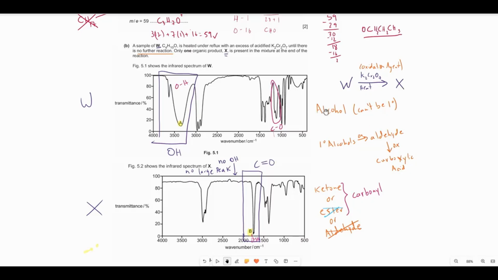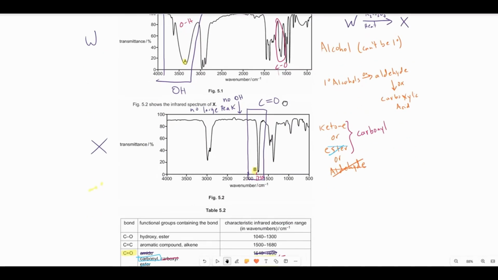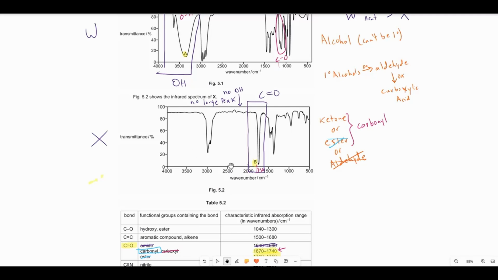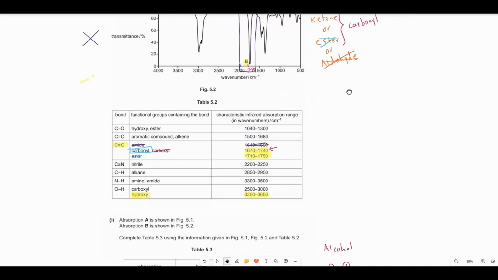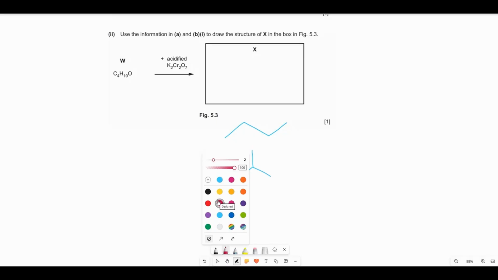Remember, we know this because it's an alcohol because of that OH with no carbonyl. We know it's not primary because it has no further reaction. Primary alcohols will be oxidized into a carboxylic acid, and we know this is not a carboxylic acid. We know it's a ketone. Meaning that not only do we know it's not a primary alcohol, we know pretty surely that this is a secondary alcohol.